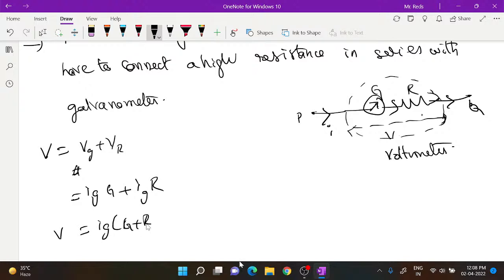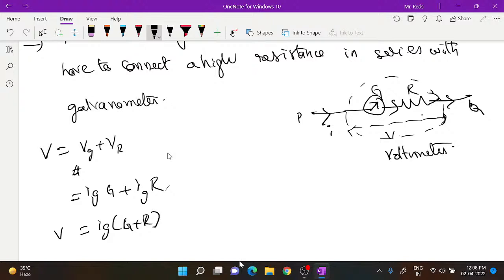By making use of this relation you can also calculate the high resistance required to convert the galvanometer into a voltmeter. To find that, R is equal to (V minus IgG) by Ig.